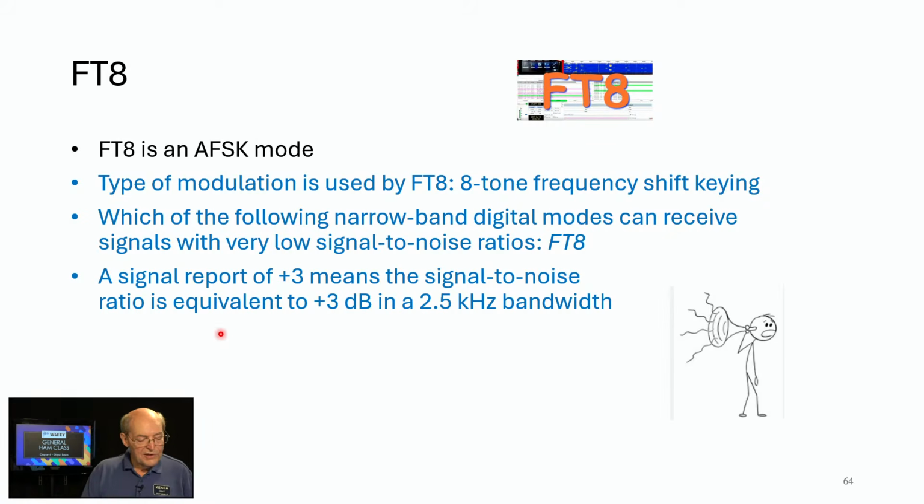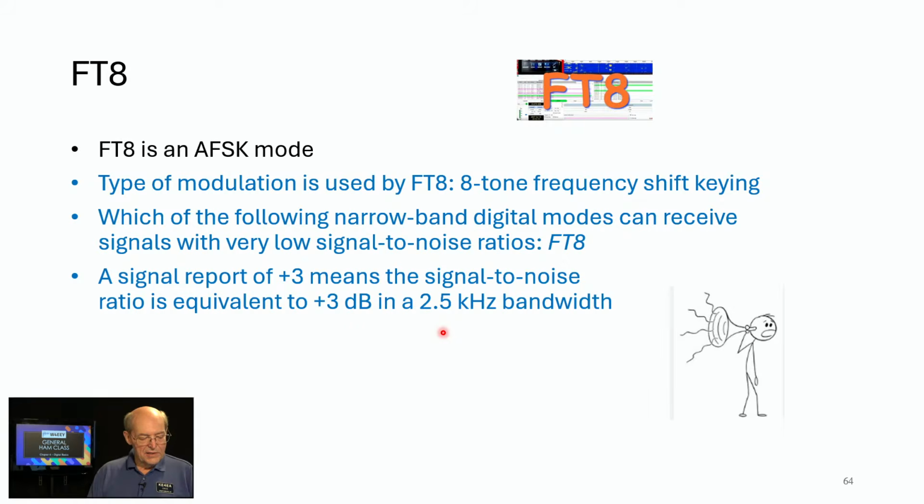A signal report of +3. The signal reports in FT8 will range from about -24 to about +20 for a really strong signal. So a signal report of +3 means the signal-to-noise ratio is equivalent to +3 dB in a 2.5 kilohertz bandwidth. Well, what does that mean? The wider the bandwidth, the more noise there's going to be.